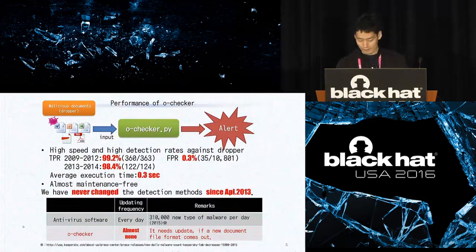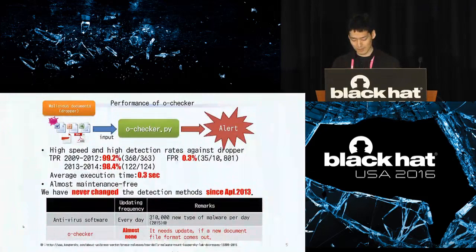Now, let me talk about the overview of O-Checker. O-Checker is a document malware detection tool, but its target is limited to droppers. One of the benefits of O-Checker is that it can detect document malware without executing malicious code.